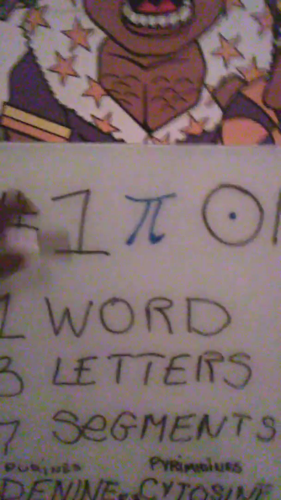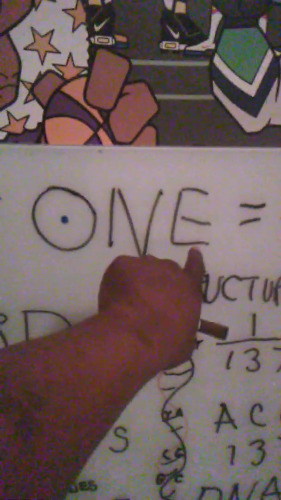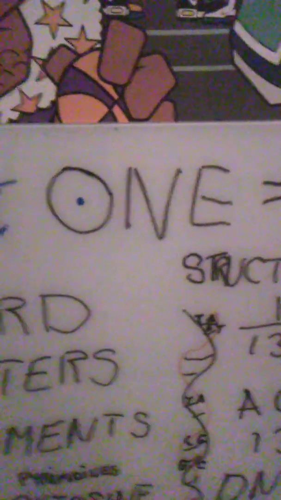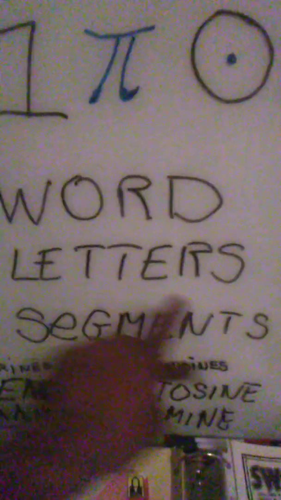So again, we're talking about the number one, right? We have one symbol here for one, and we have the word one in the English language. In the last video, we realized that the number one, when spelled out in the English language, is one word, 3 letters, and 7 segments.